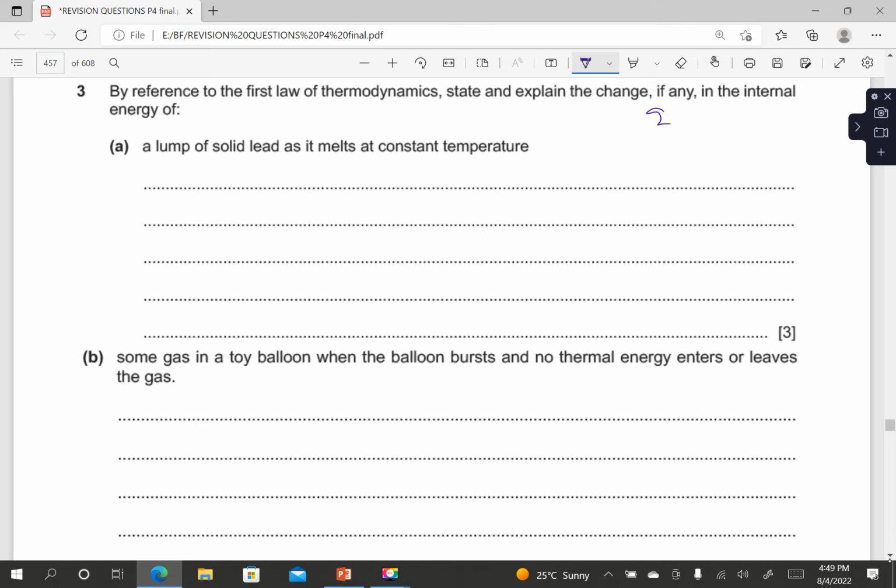So I will say little or no work done during melting.